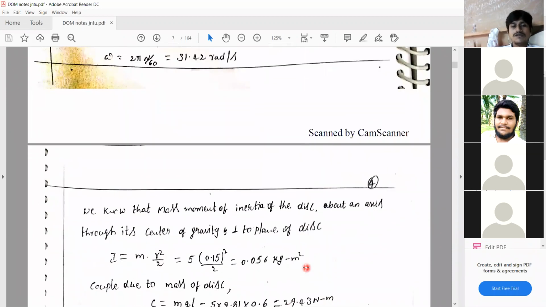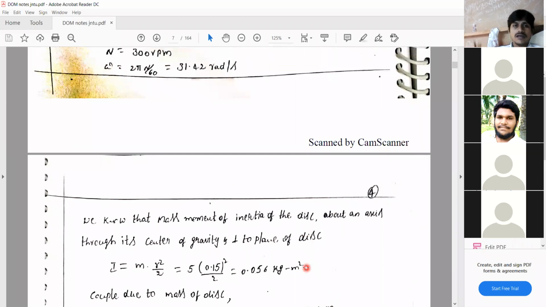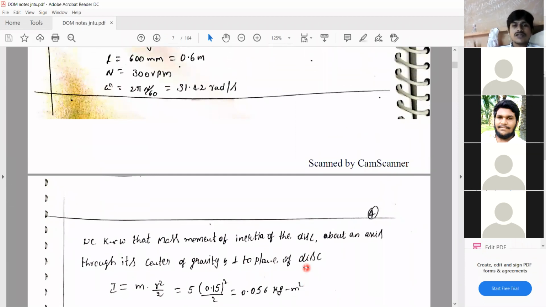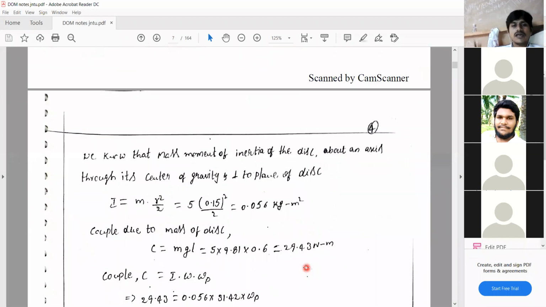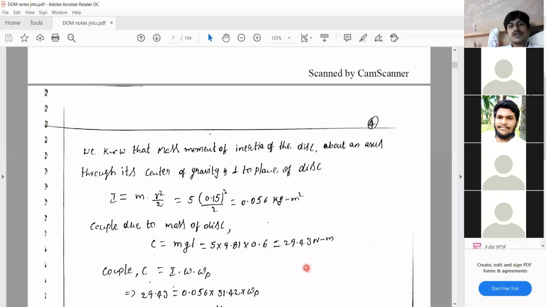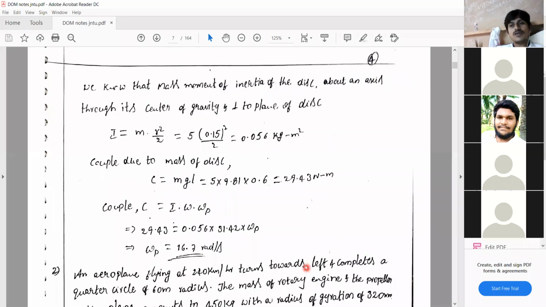Now omega is already calculated, and for calculating the couple, C, I is also required. How do we calculate I? I means mass moment of inertia. The general formula is I equals m k square.